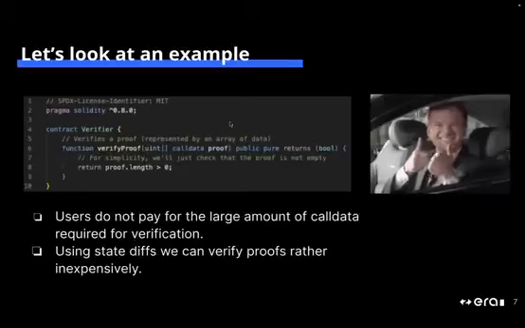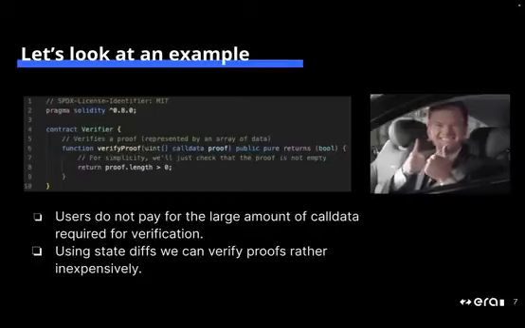Let's look at an example. Here, you can see an example to illustrate the benefits of this approach, that is, publishing state diffs. Now, this is a very oversimplification of a verifier contract. And I mean, very oversimplified, but it captures a key difference in the state diff approach. This contract takes an input of a large array of data.